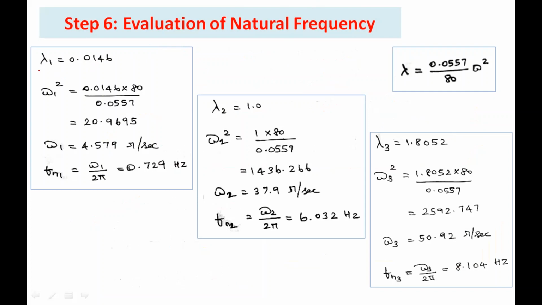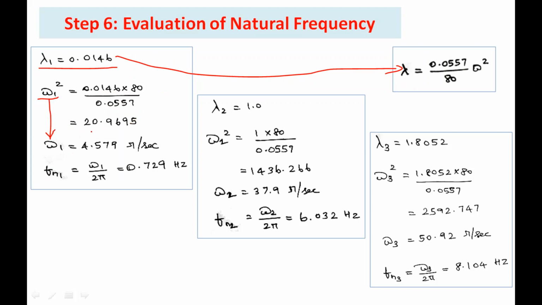So lambda 1 is equal to 0.0146. Now we have to apply this lambda value in this equation. Then you will get omega 1 square is equal to 80 into 0.0146 divided by 0.0557. Now we have to take the square root of this value.